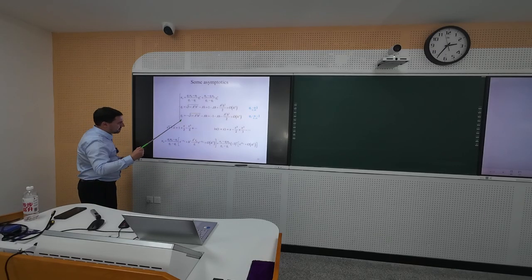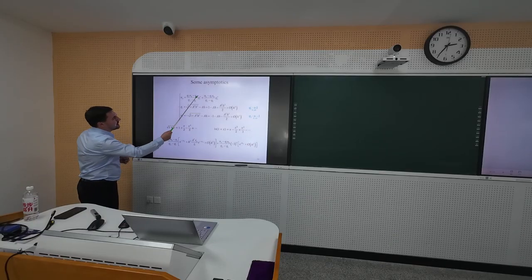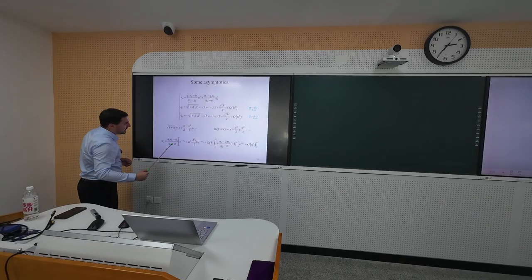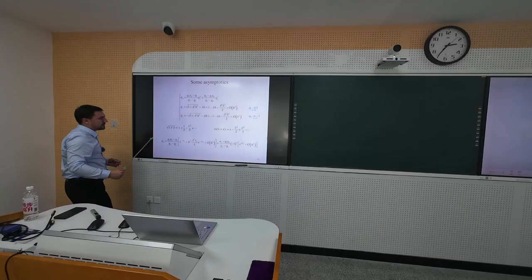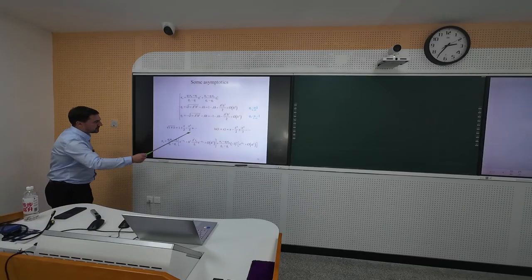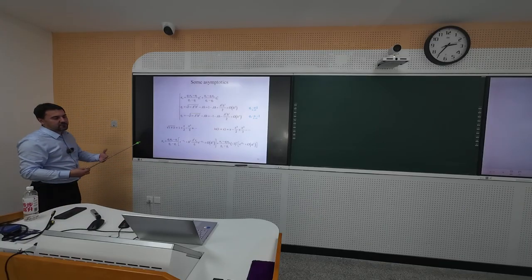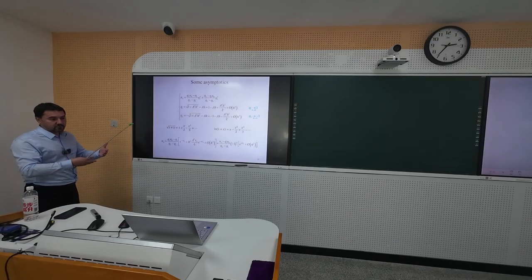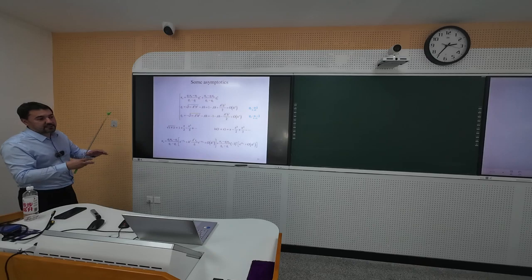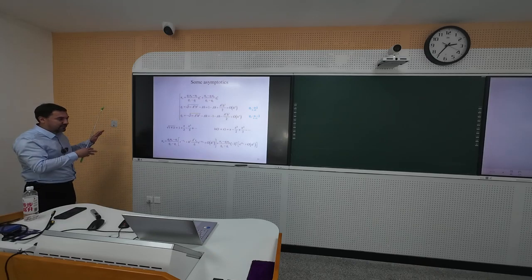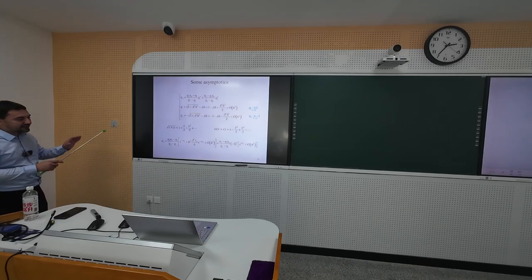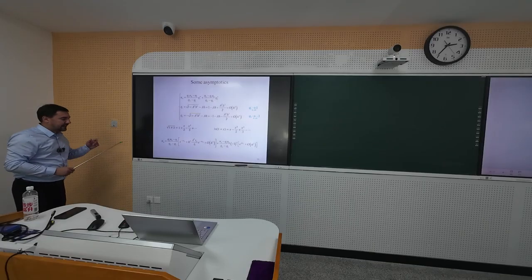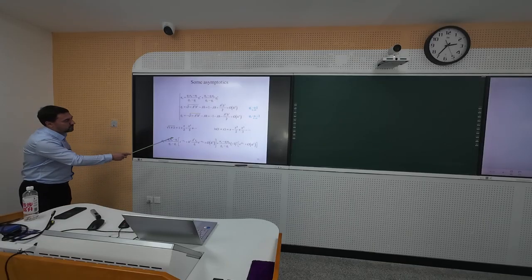We can use the asymptotics for q1 to the n and q2 to the n, and again use the Taylor series expansion to get these expressions. We want to understand how the solution behaves when h goes to 0, and to estimate the error in the same manner as for the Euler equation. For the Euler equation it was very simple, but here it is a bit more difficult. And again, we should keep in mind that we still do not know u1.